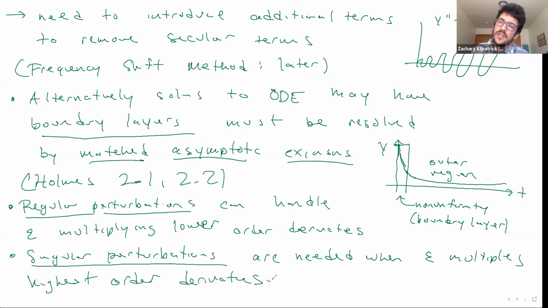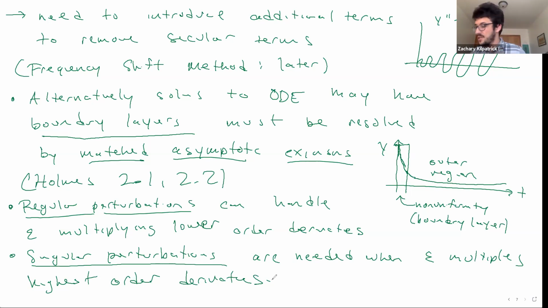Right? So this is not that far off from what happened with algebraic equations, okay? You remember the quadratic equations that we solved. When the epsilon appeared in front of the x squared term, then that's when singular perturbations were needed. If it multiplied the lower order terms, then you would only need regular expansions for that, okay?